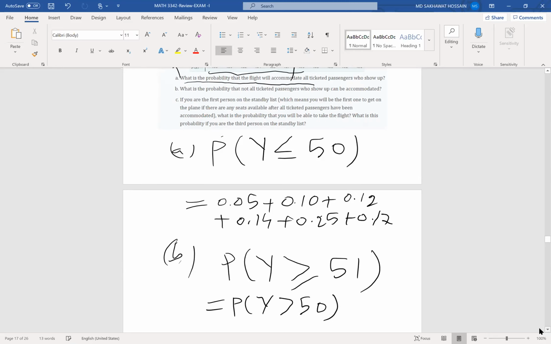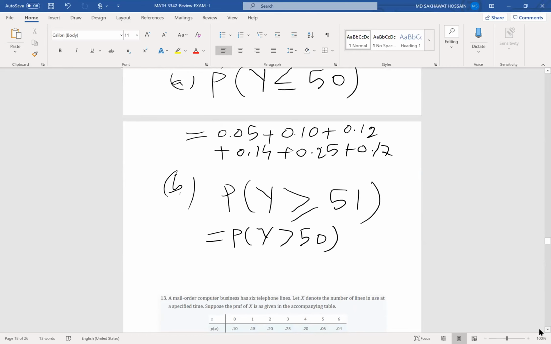If y is greater than 50, they cannot accommodate all the passengers who show up. One way is to add all the probabilities corresponding to 51 to 55, or, since you already have this probability, you can use the complement. So you can just write 1 minus the probability of y less than or equal to 50. You can use the probability from part A, or you can also add all the probabilities from 51 to 55.